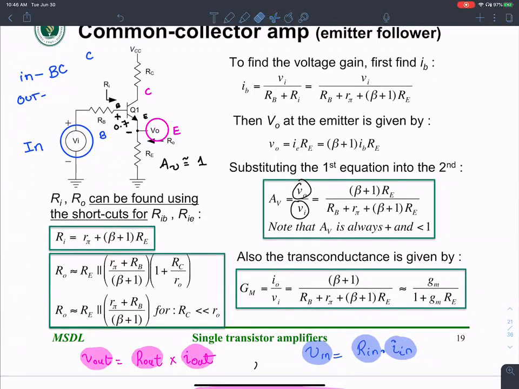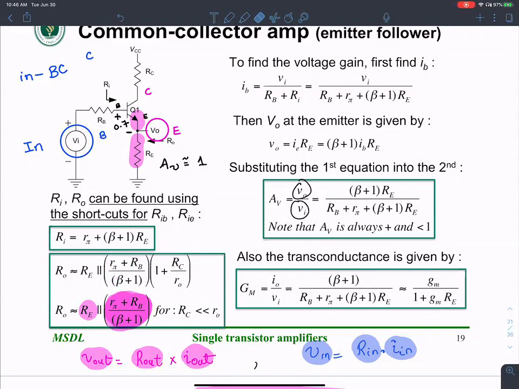On the base. The output is purple, shown on the emitter. So what is R output? R output is nothing but RE in parallel with RIE. So this guy is RIE, this guy is RE. You can approximate all of this into a smaller term.